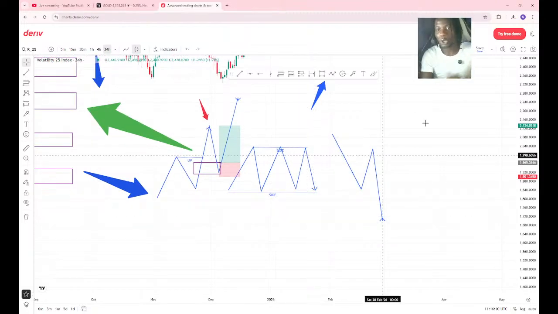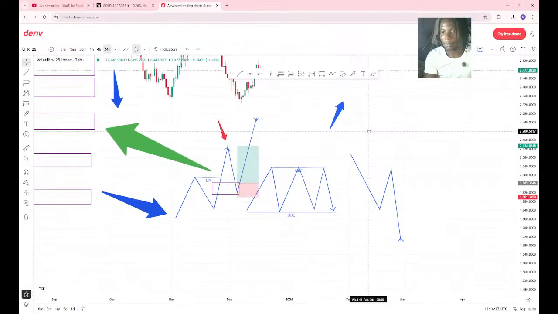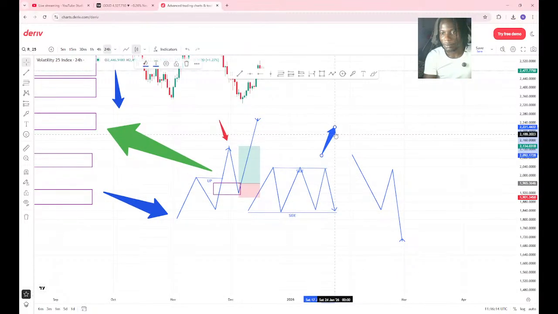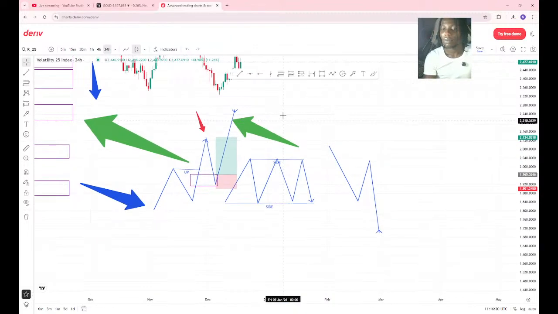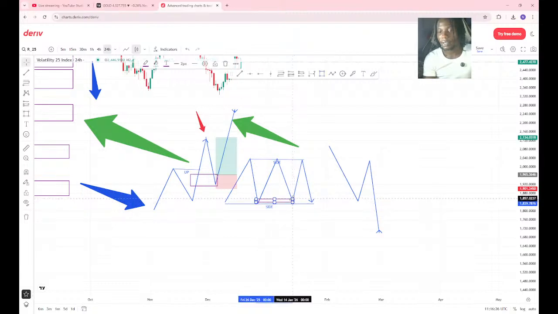And for side money pool, simple guys. For the side money pool, I think I need to change this to green. The side money pool will be from base to base, from this base to this base, but it's not advisable to trade, guys.